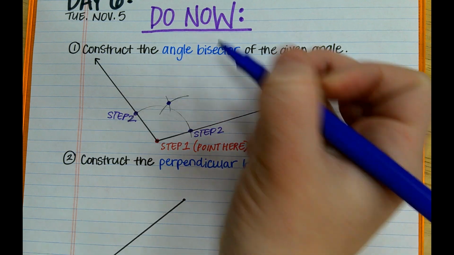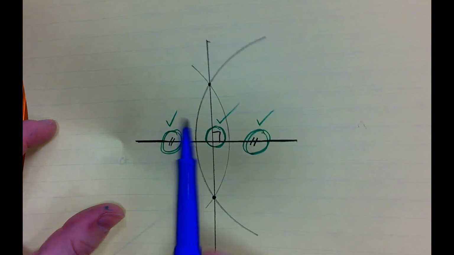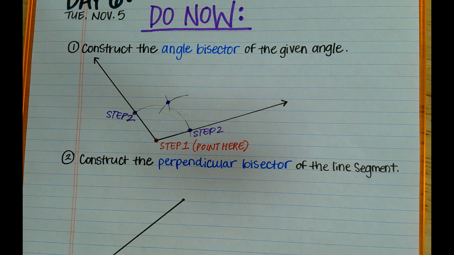Do you guys remember what the word bisector means? Remember, whenever we did a bisector of a line, we split the line in half. So what do you think we're doing with this angle? We're splitting it in half, exactly.